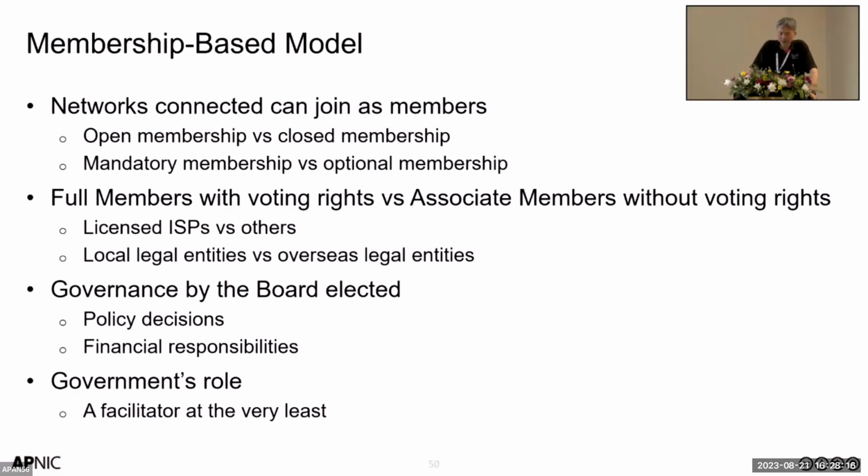And sometimes you may allow people to opt in, meaning that if a participant does not want to become a member, that is fine. They can just join without being a member, because a member usually means they would have a vote and they would participate in the governance process, etc. That some people may not like, but if it's optional, it's fine.